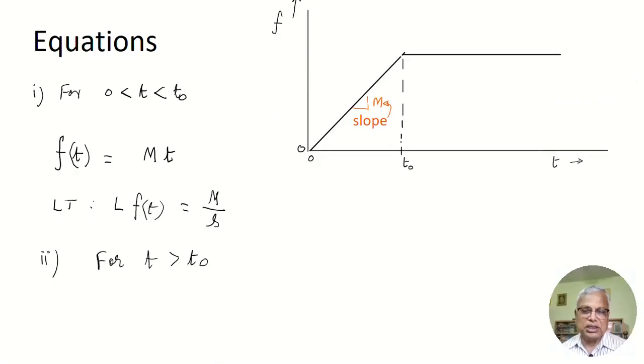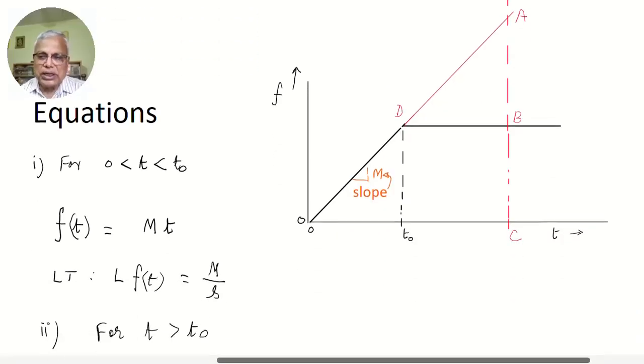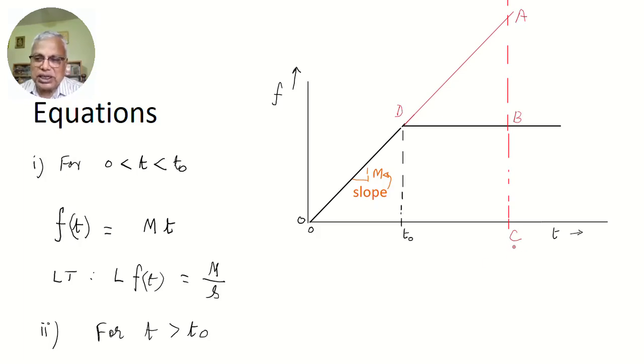Well, now let us consider the period t greater than t naught. Let me consider a time corresponding to point C. So let us take any time t corresponding to point C here, which is greater than t naught.